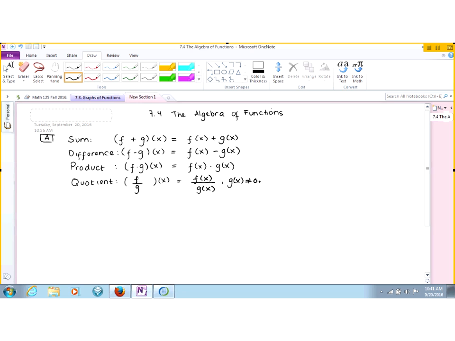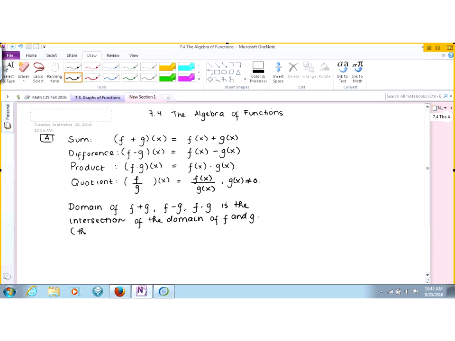Okay, so the next question is the domain. So the domain of F plus G, F minus G, and F times G is the intersection of the domain of F and G. So what is the intersection?